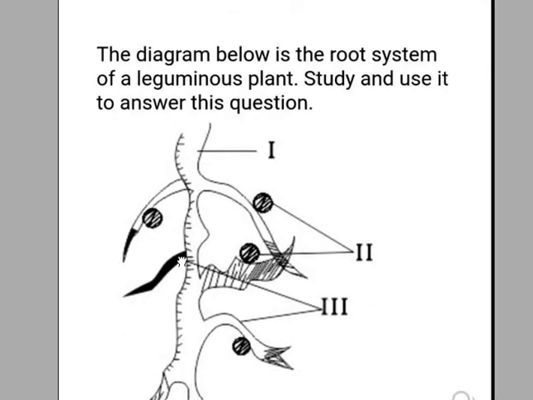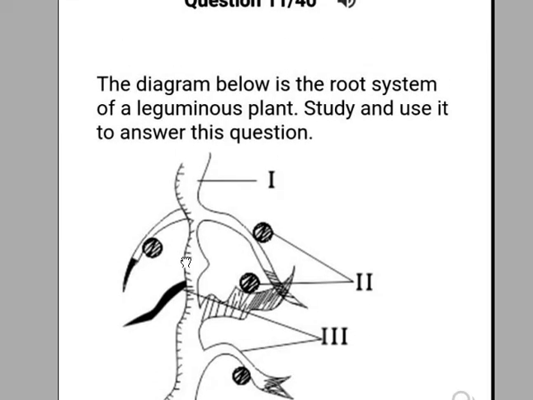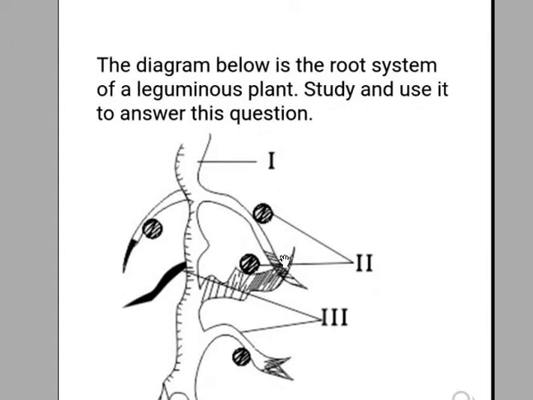The diagram below, that's this diagram, is a root system of a leguminous plant. Study and use it to answer these questions. This here is Roman 1, here is Roman 2, here is Roman 3 also.